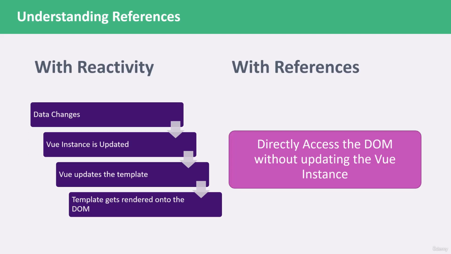To summarize, references are a way to access the DOM elements in your application directly. Any changes made through references are not reactive. In most cases, you should be able to create applications without references. They're rare to use, but they could be the solution you're looking for when any other solution is not suitable.